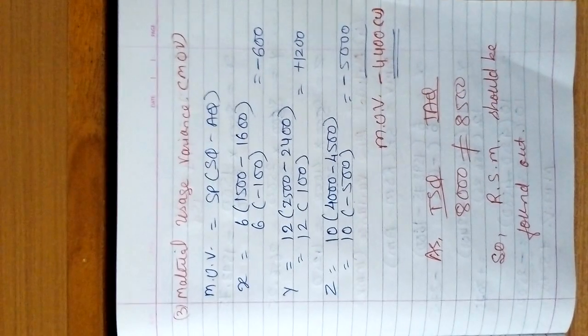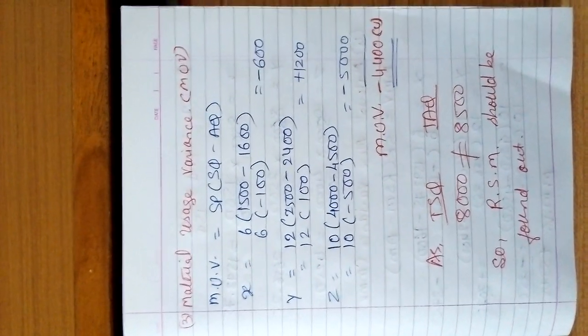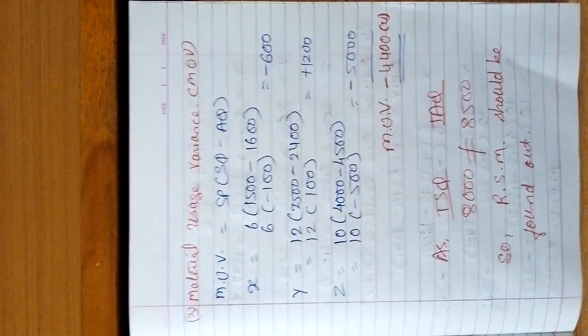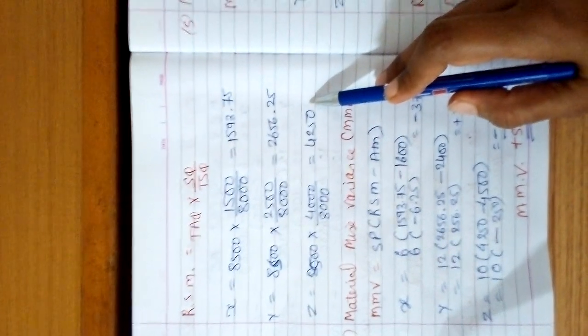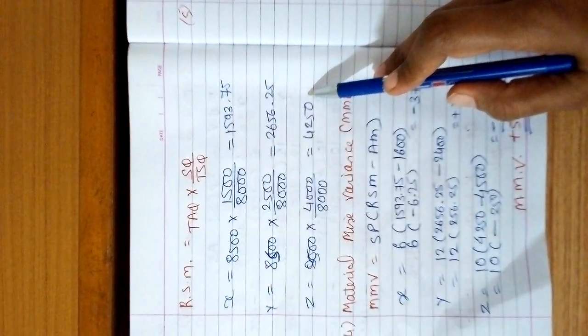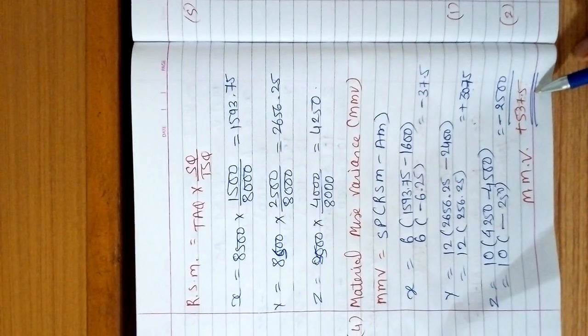Then material usage variance. In that I have explained TSQ is not equal to TAQ. So we have calculated revised standard mix. So this is the answer of revised standard mix. Then material mix variance.